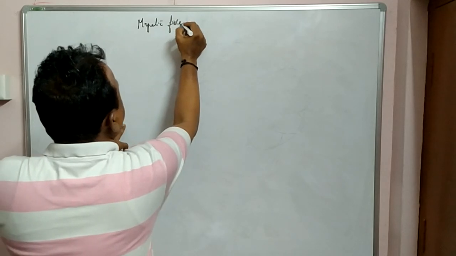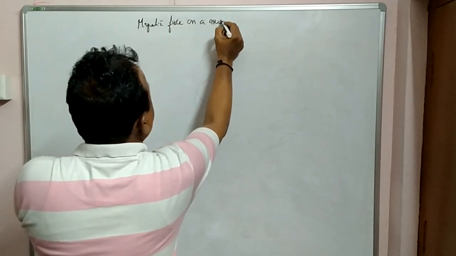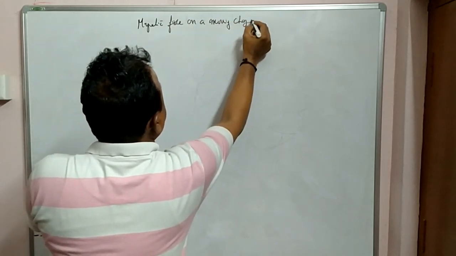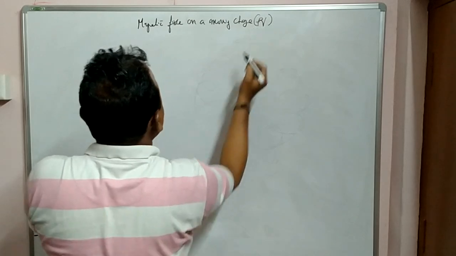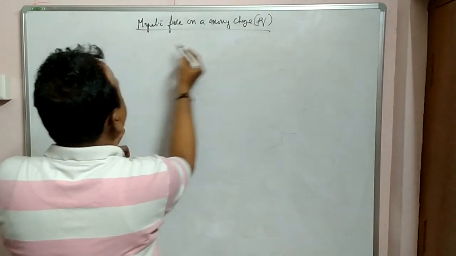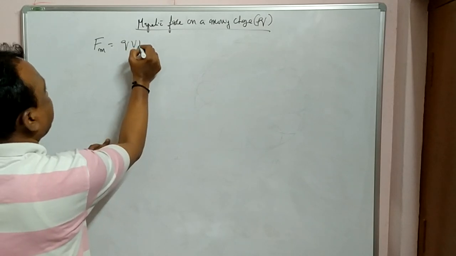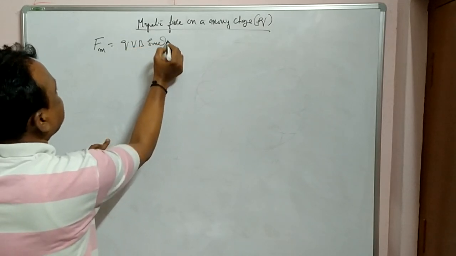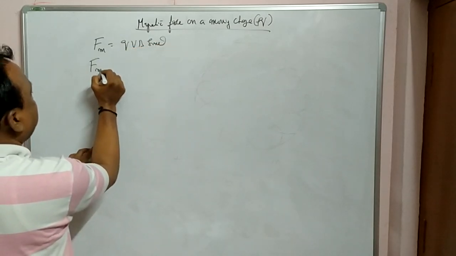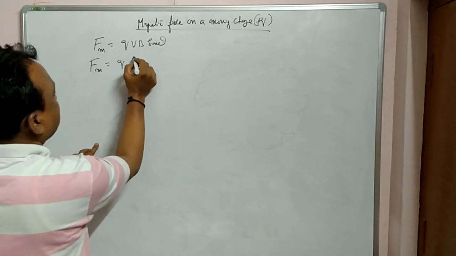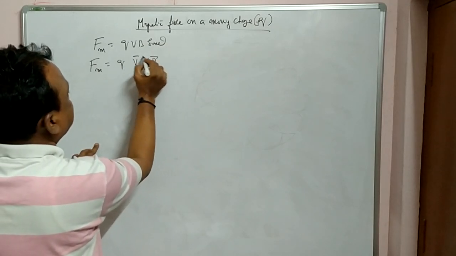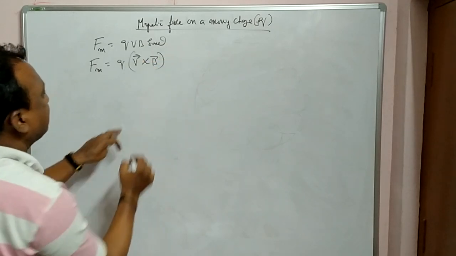Magnetic force on a moving positive charge plus Q. So F is the magnetic force given by QVB sin theta. That is nothing but, you can also write as Q V cross B. Both are vectors here.